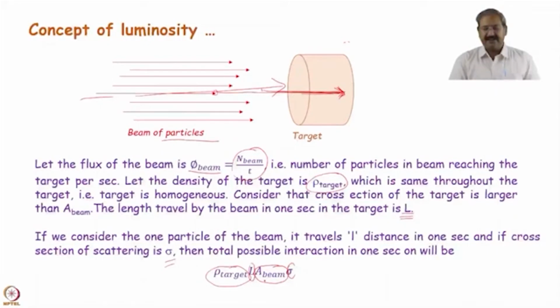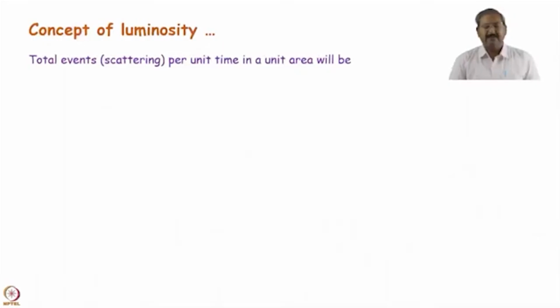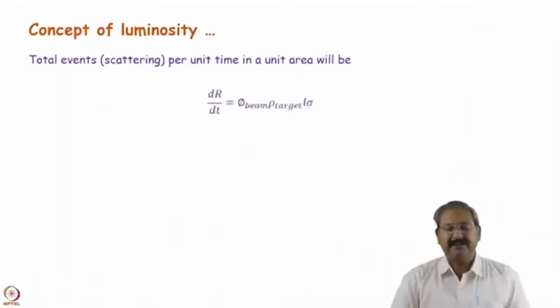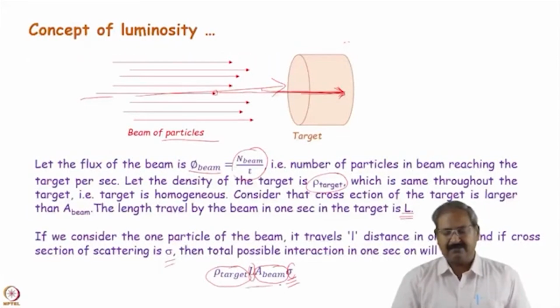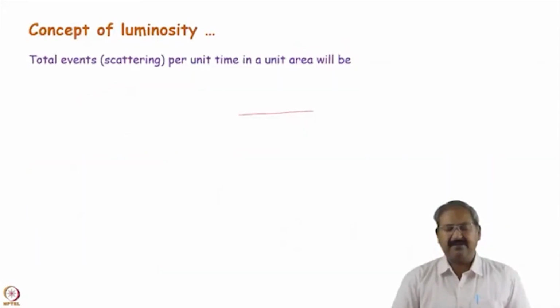So many interactions are possible with cross section sigma. Now per unit time and per unit area, we will have phi rho target L sigma.